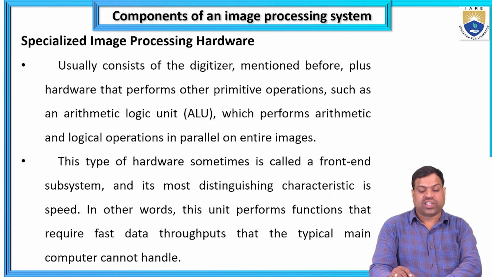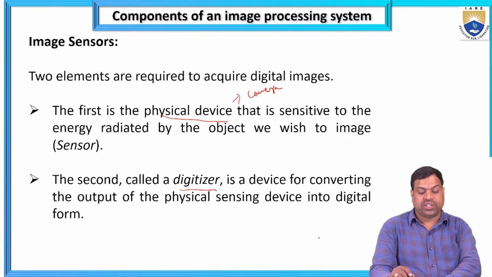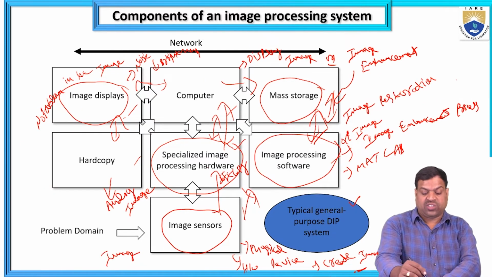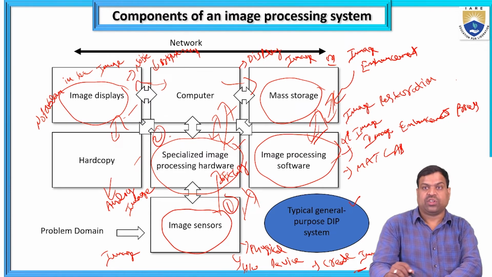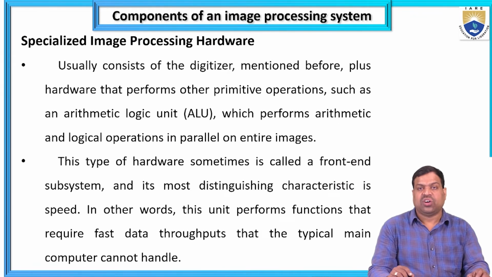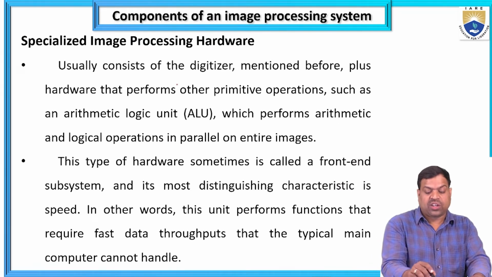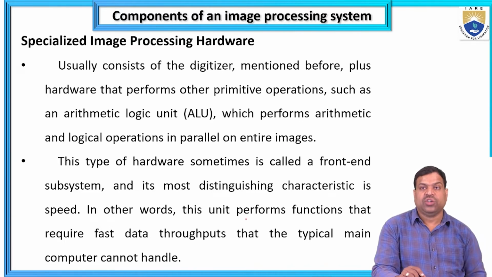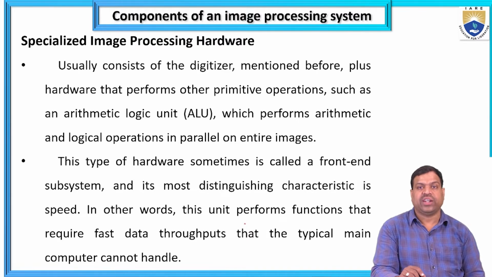And next is the second step. The first step, sensors, is completed. Next, specialized image processing hardware. Specialized image processing hardware usually consists of the digitizer mentioned before plus hardware that performs other primitive operations, such as an arithmetic logic unit, which performs arithmetic and logic operations in parallel on entire images.